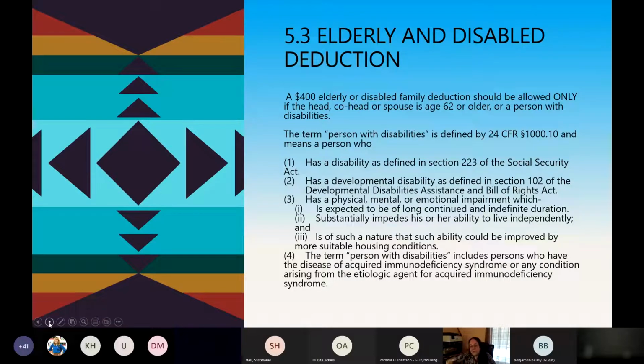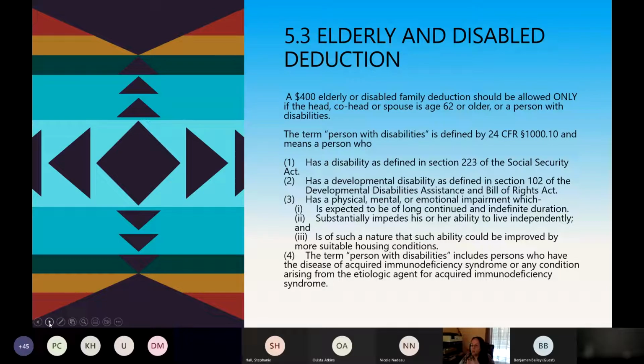The term person with disabilities includes persons who have a disease of the acquired immune deficiency syndrome or any condition arising from that etiologic agent for acquired immune deficiency syndrome. So your disabled person is supposed to also be one of those three people.